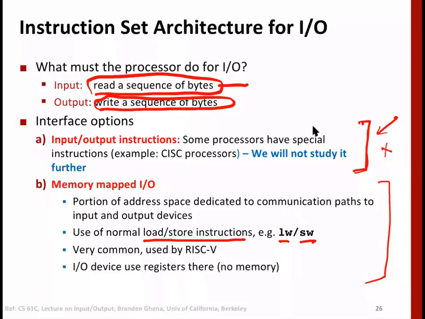Then the question is, how do we do IO with that? When we read or write to a location, we have to specify the location, which is part of the address space. Now we say that part of that address space is dedicated for communication with the devices.